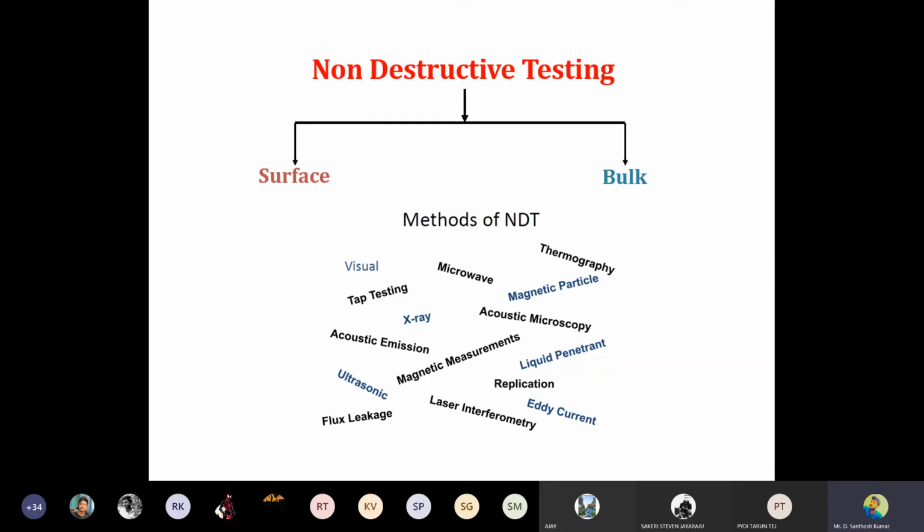Otherwise, you have to choose bulk methods. Sometimes versatile NDT methods are available, with the help of which you can detect any flaw, whether it is a surface flaw or a bulk flaw. So both are possible with some NDT methods.